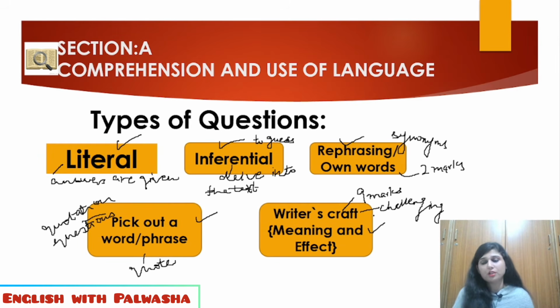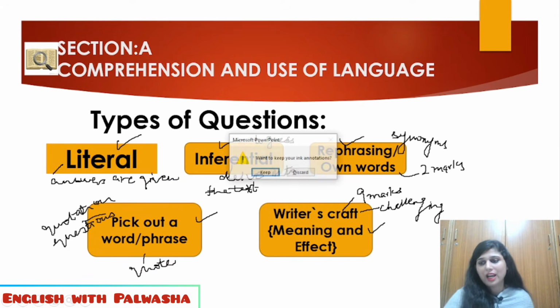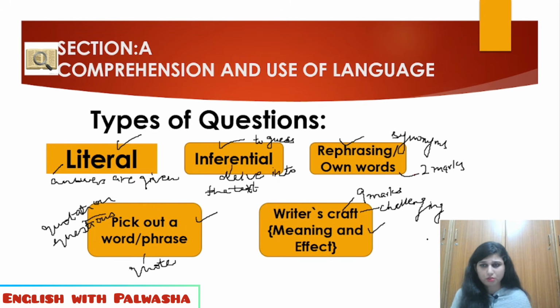So the paper pattern has changed, and it is raised to 9 marks for the writer's craft questions. It is very important, my dear students, that you practice it more rigorously, as we expected the previous O-levels batches to do, and you have to be very careful to do the same.